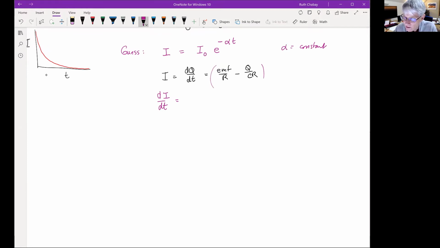And so we end up with a minus 1 over RC times dq dt, which is minus 1 over RC times I, because I is dq dt. So that again suggests an exponential, because an exponential is basically its own derivative.